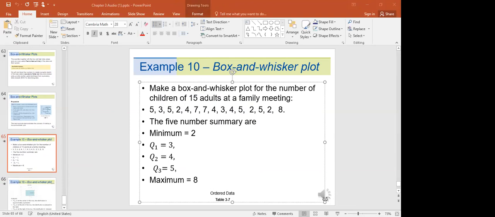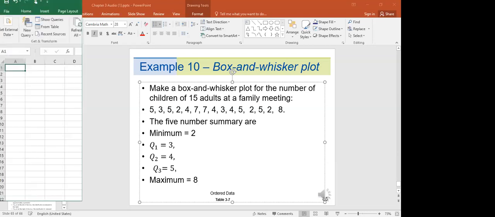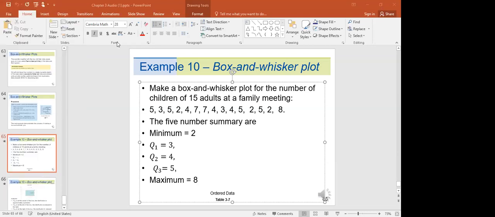The values we have are 5, 3, 5, 2, 4, 7, 7, 4, 3, 4, 5, 2, 5, 2, 8. So these are our values.